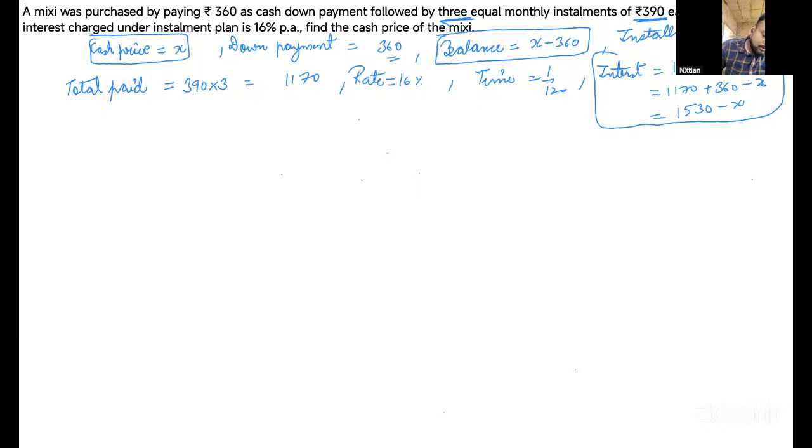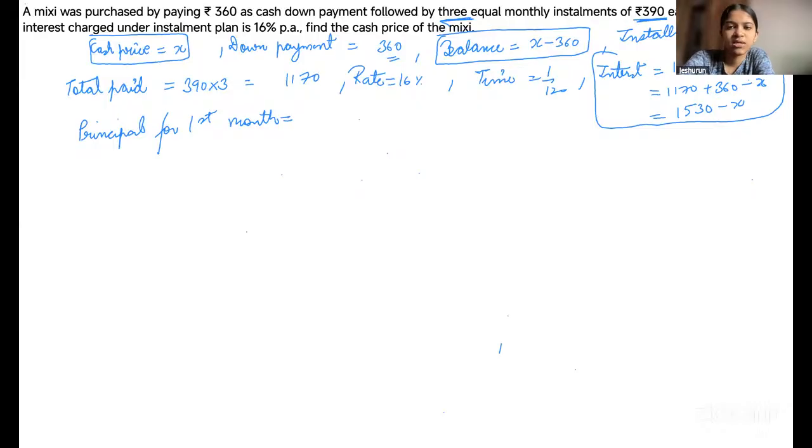Okay. Now, what is the formula for the principal? What is the principal for the first month, Ishant? Balance, X minus 360. Yes, say it again. X minus 360.